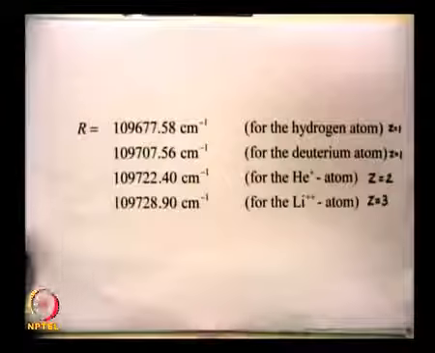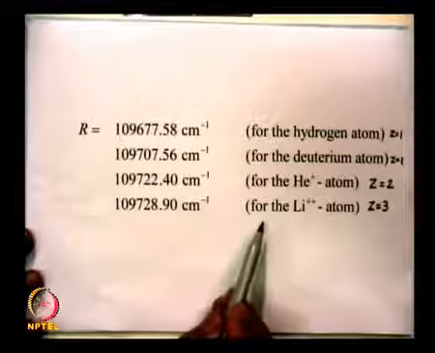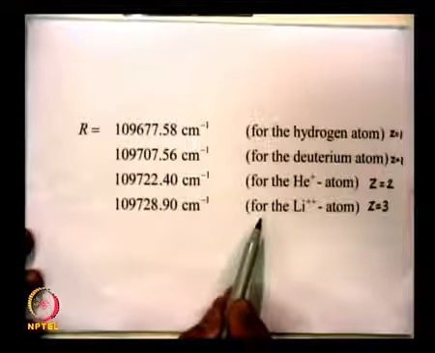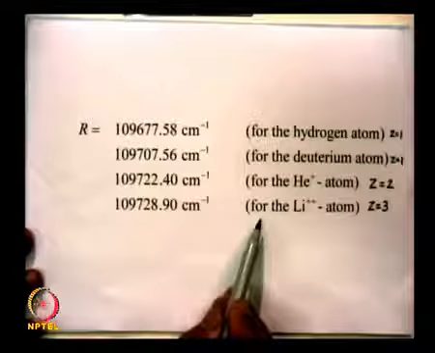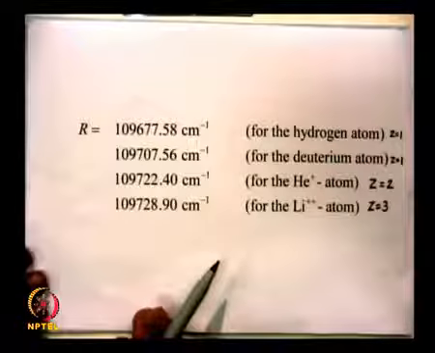Because in each case the mass of the nucleus is different, it leads to slightly different values of the Rydberg constant.